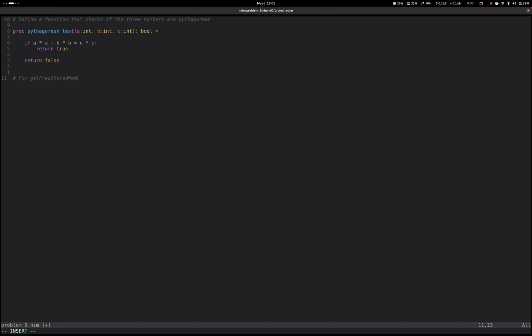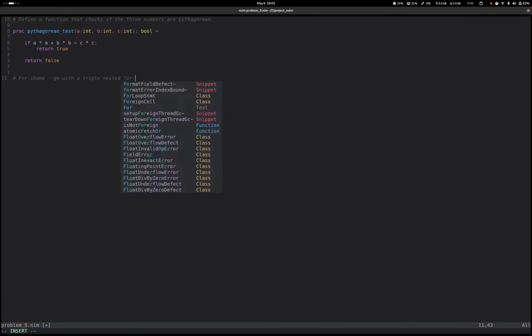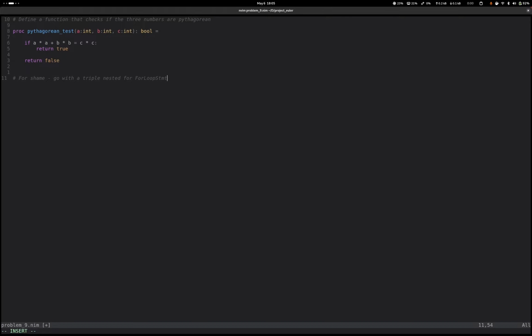So, for shame, go with a triple nested for loop. Oh, come on. All right, so do for a in 1 to 1,000.